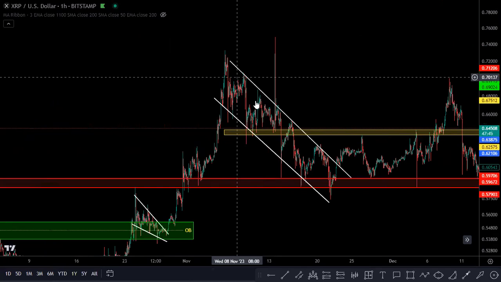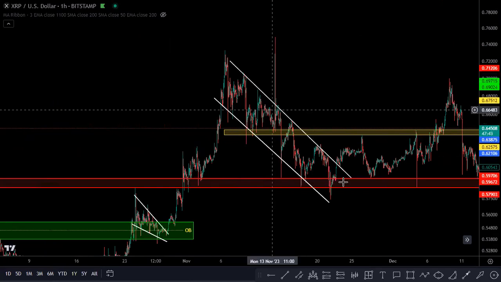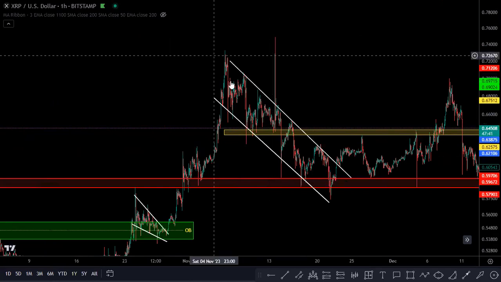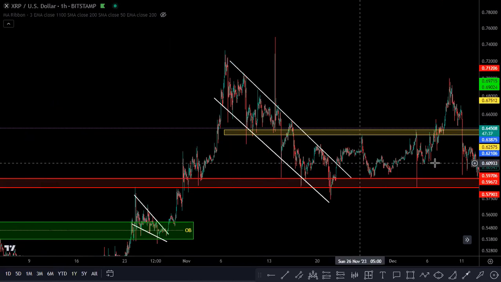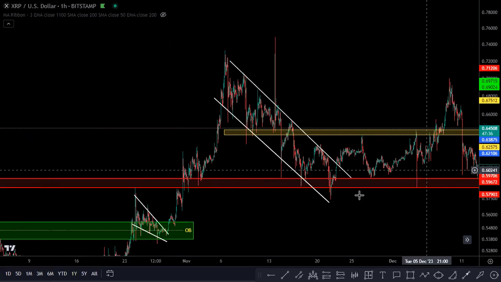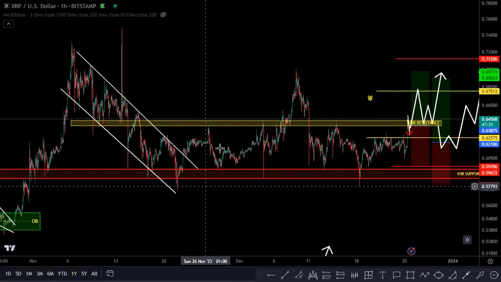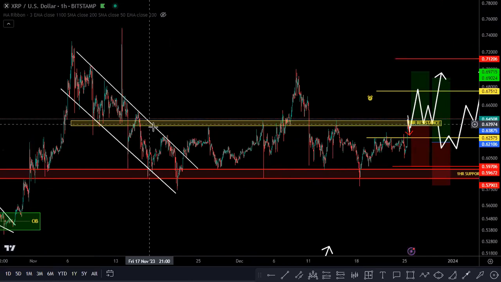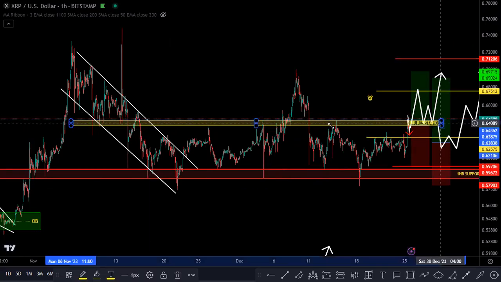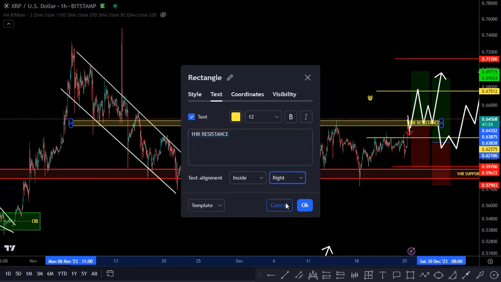In fact, this came down so far, I'll consider this distribution markdown. And then we have what? Accumulation again, because we're bouncing back and forth, minus this guy in between this resistance. It's in the middle.